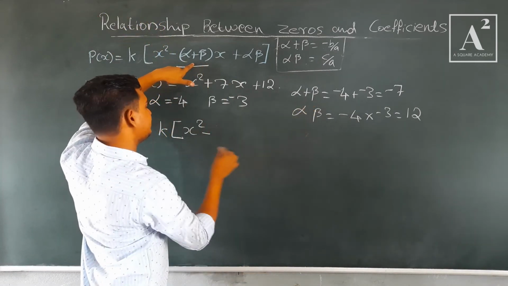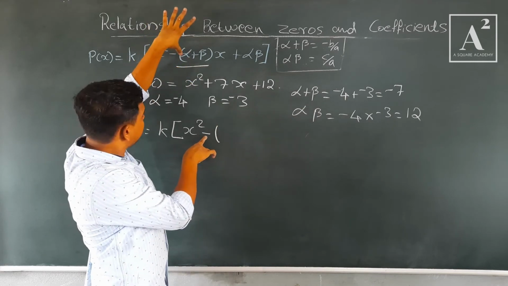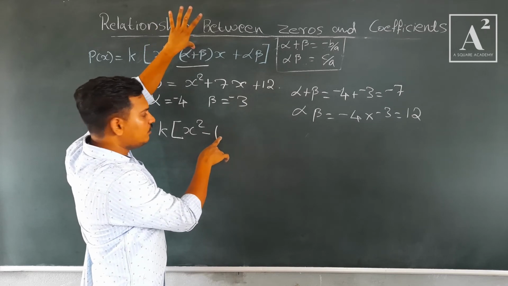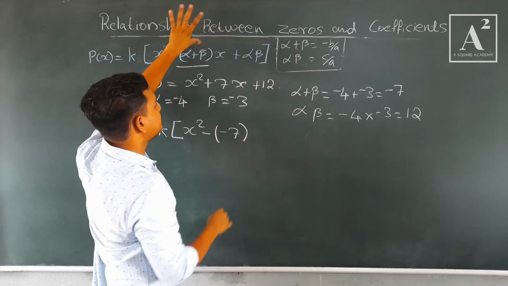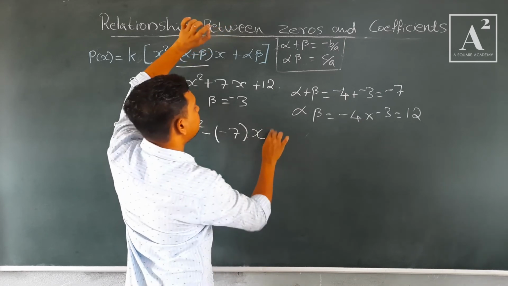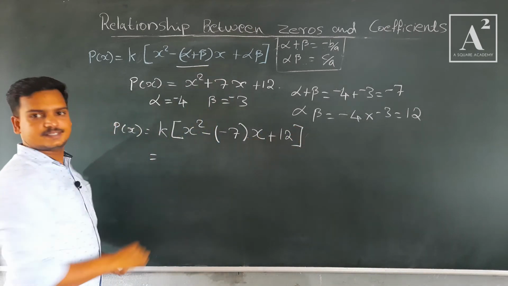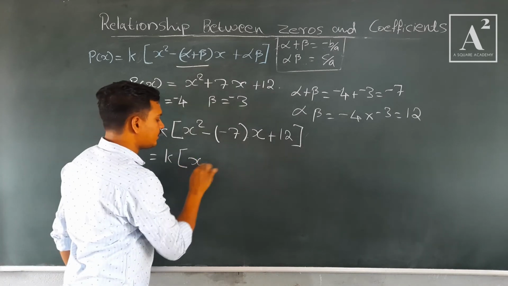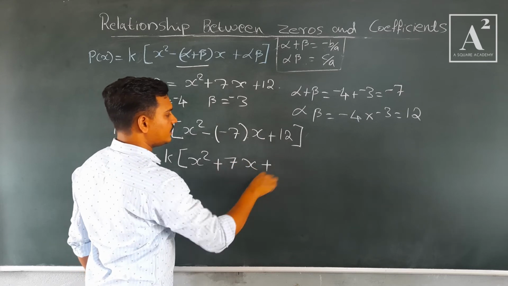Remember, one minus is already present here, so keep it as it is, and minus of alpha plus beta is again minus 7. Multiplying with x, plus alpha beta, that is 12. So that is equal to k times x square plus 7x plus 12.